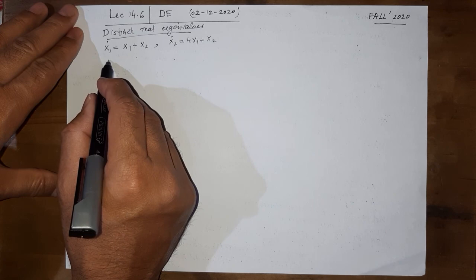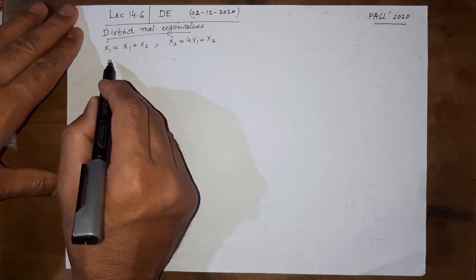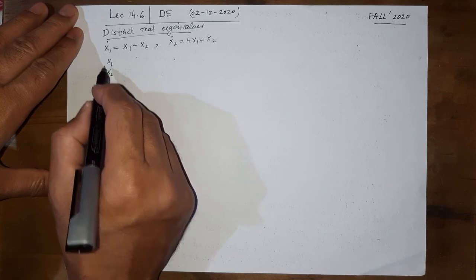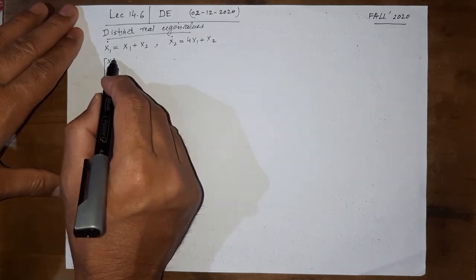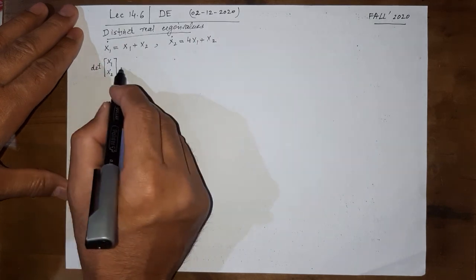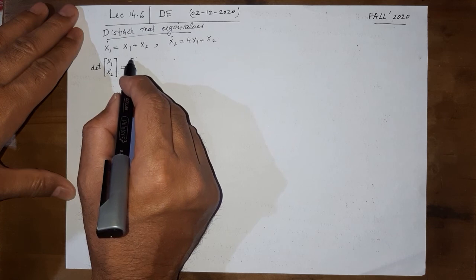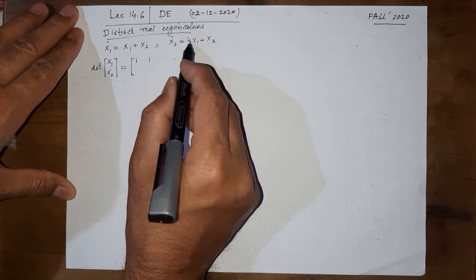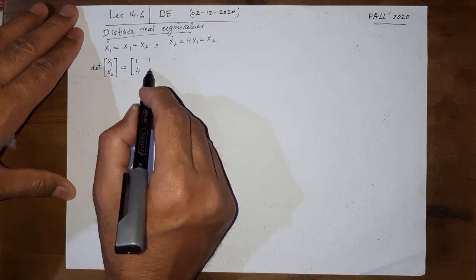So first we write this in the matrix form. You don't need to repeatedly do these steps, but they should be in your mind. So x1 dot and x2 dot is going to be equal to the matrix 1, 1 and 4, 1.